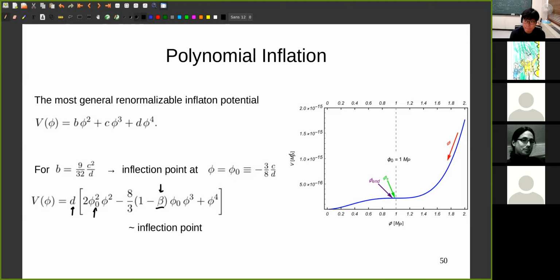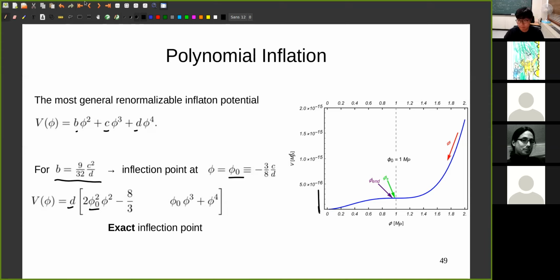So in the original form of the potential, we have 3 parameters B, C, and D, and you trade them for D and phi 0. Yes. And then you make a small perturbation in terms of beta. Is that right? Yes.